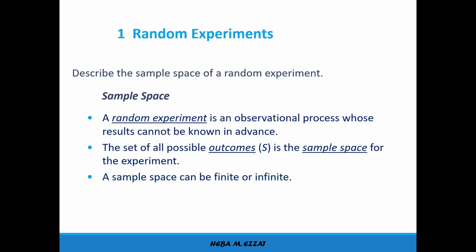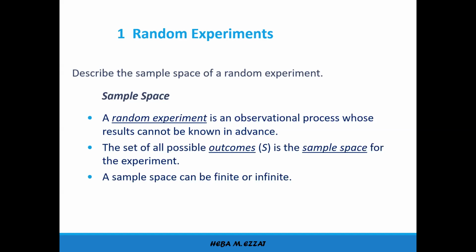Of course, if we are going to roll a die or flip a coin, we don't know the outcome in advance. Any coin has two faces, tail and head. So when we flip the coin, we don't know in advance whether the outcome will be the tail or the head.